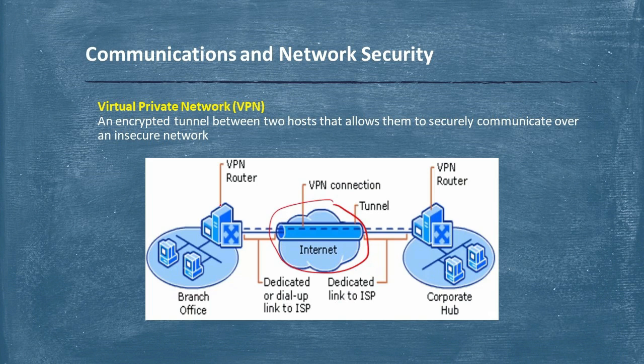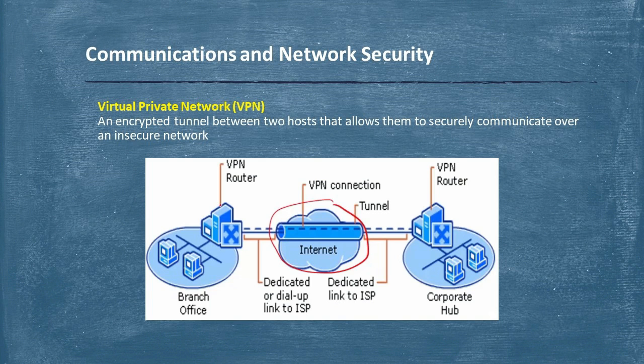If the traffic goes on the internet, then it is not safe and it is an untrusted network. So how do we make an untrusted network a trusted network? That is the purpose of the VPN. It extends the private network across a public network and enables users to send and receive data across the shared public network as if it is a private network.